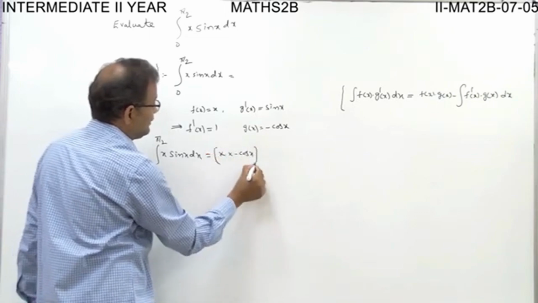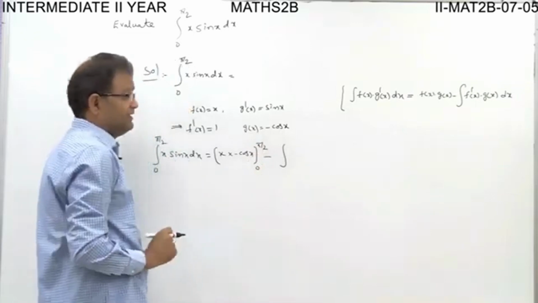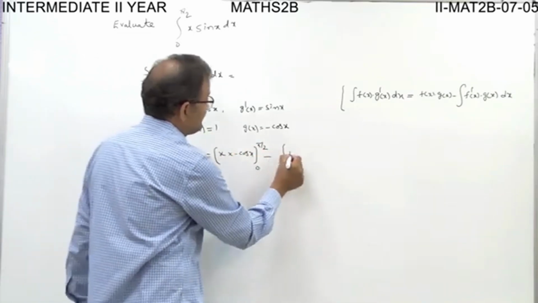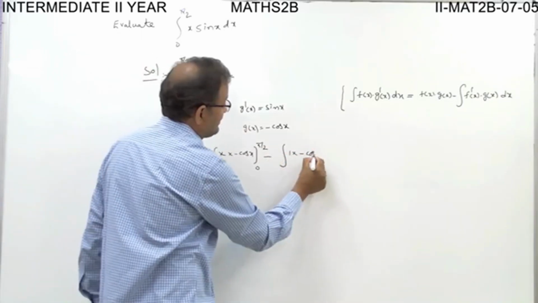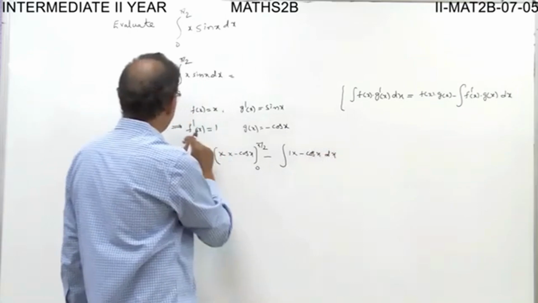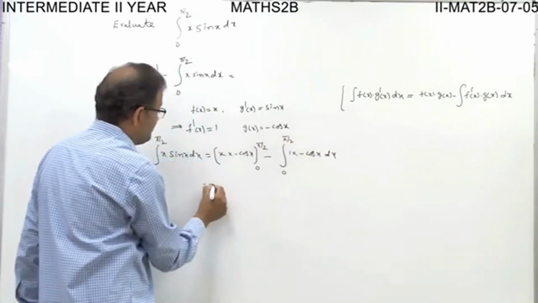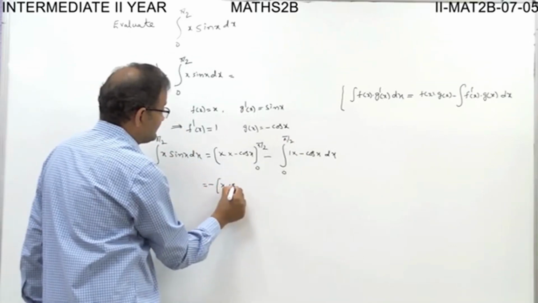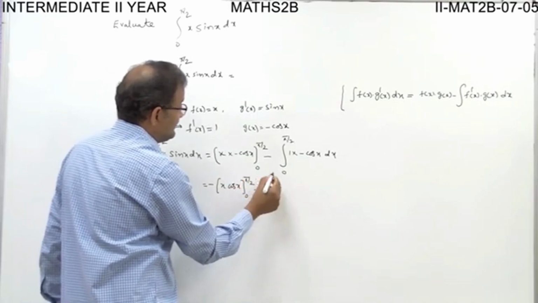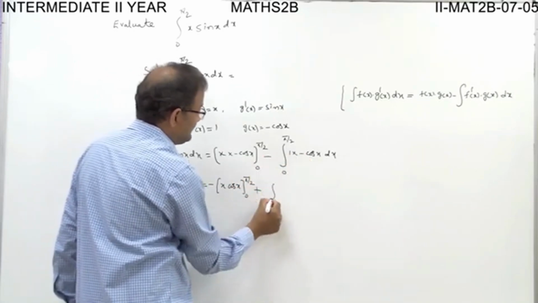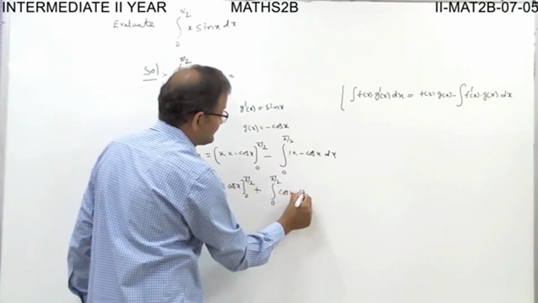Limits 0 to pi by 2, minus integral f dash of x is 1, into g of x is minus cos x dx. In this problem we have the limits 0 to pi by 2. This is equal to minus x cos x, 0 to pi by 2, minus, minus into minus, plus integral 0 to pi by 2 cos x dx.